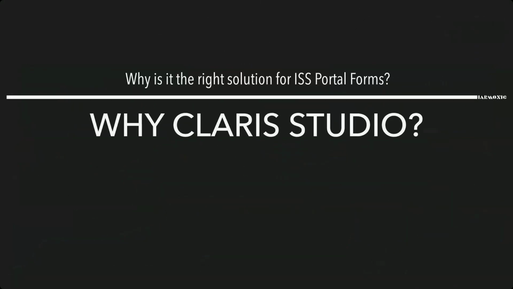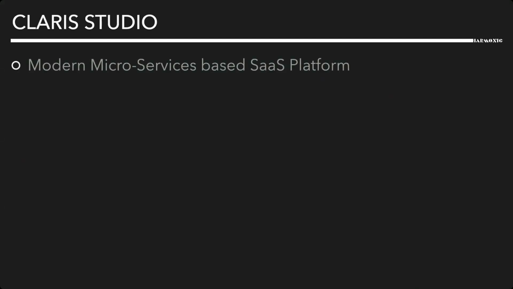So, why is Claris Studio the right solution for ISS portal forms and potentially the right solution for your customer or your organization? From my seat, it's a few things. Claris Studio is a modern platform designed from the ground up to support thousands of users via the web.